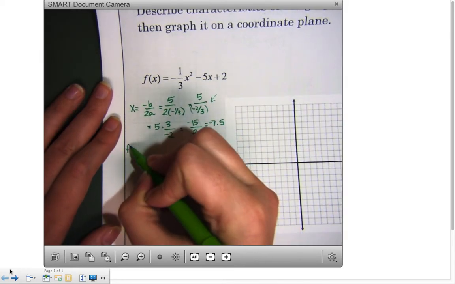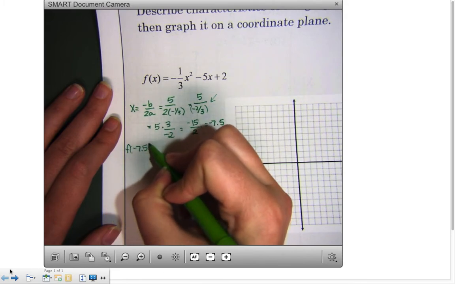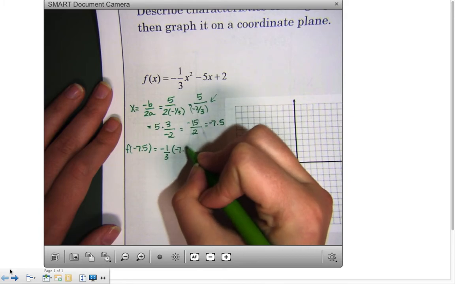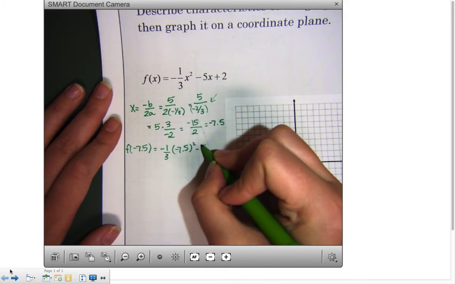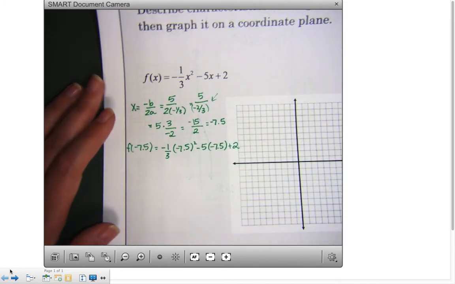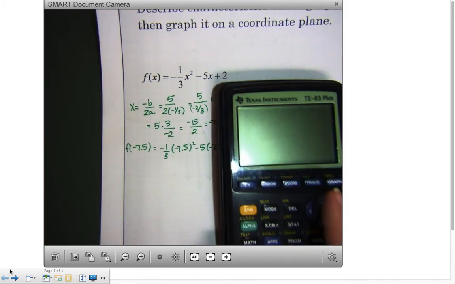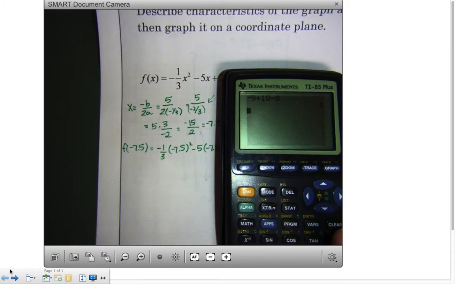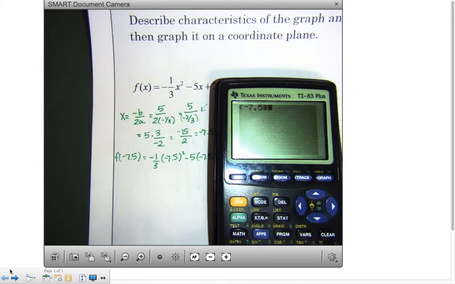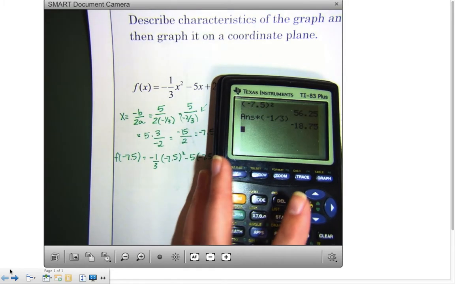So f of negative 7.5, negative 1/3 times negative 7.5 squared minus 5 times negative 7.5 plus 2. So I would probably in my calculator just do negative 7.5 squared times negative 1/3, negative 18.75.